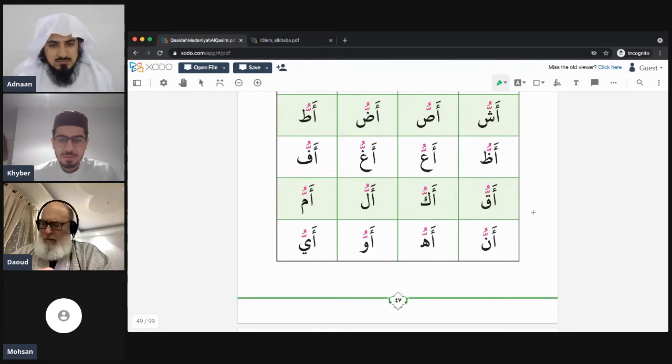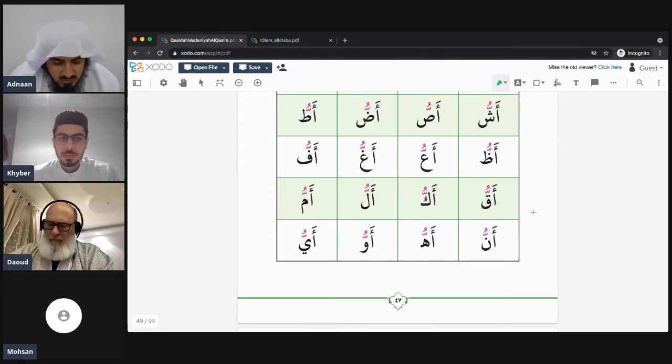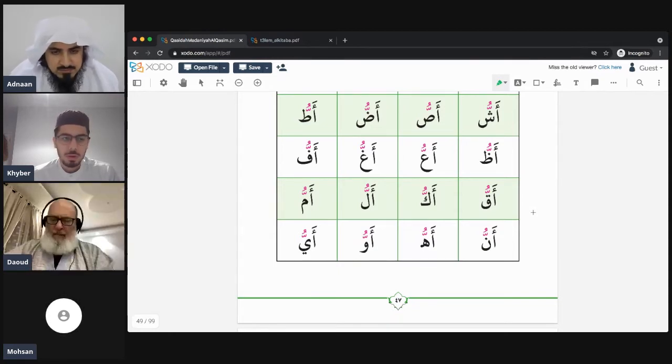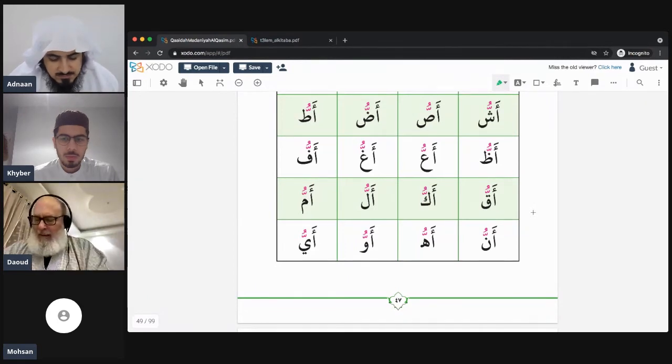Addu, a'u, aghu, afu, aqu, akku, allu, ammu. Ahsan. So your dh needs to be a little bit fuller. So you differentiate between the dh and the dhal. This is adhu. Inshallah, you get there, Brother Dawood. You want both lines? Both lines.